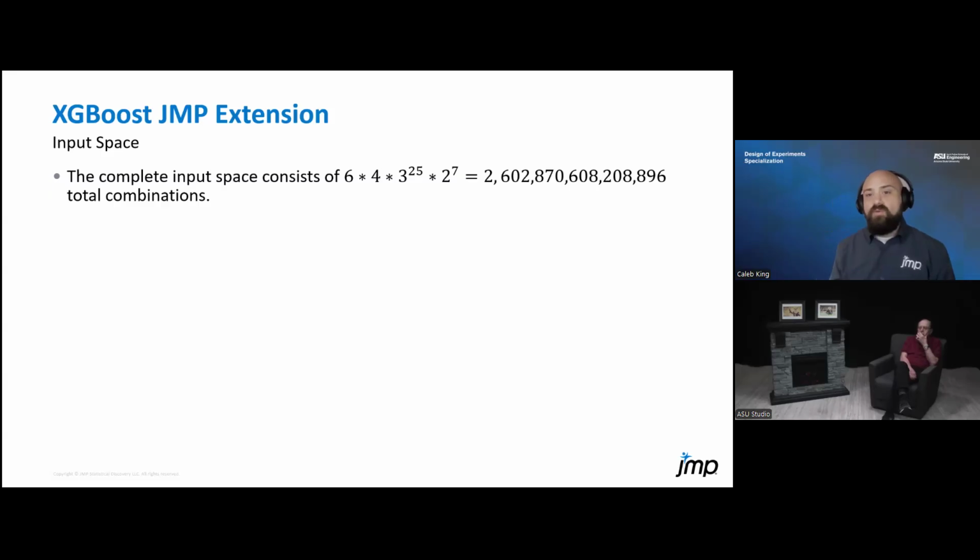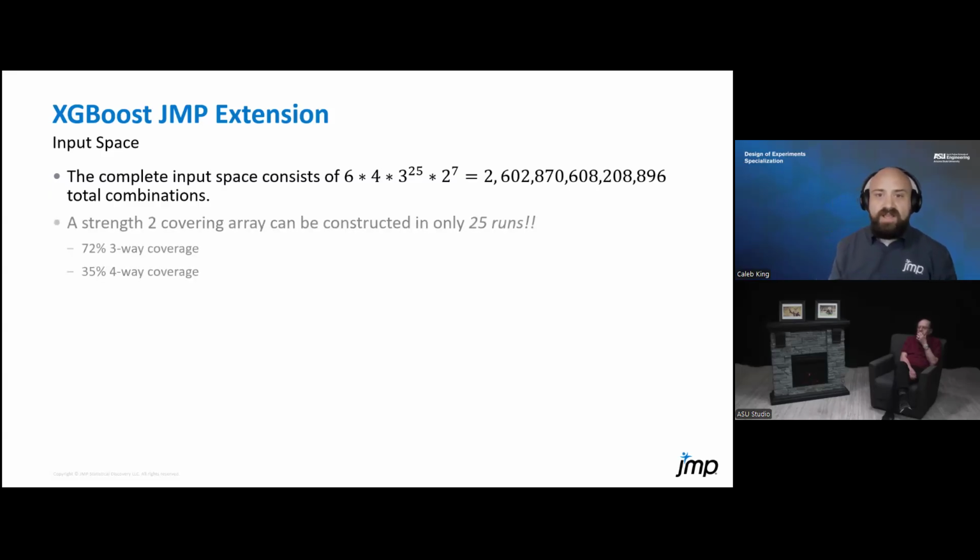I can create a covering array, and if I keep it at strength 2, I can do that in 25 runs. I can cover that input space in 25 runs, at least ensuring all the pairwise combinations are present. And not only that, with that particular covering array, I have 72% of the 3-way combinations covered and roughly 35% of the 4-way combinations covered. So that's not bad.